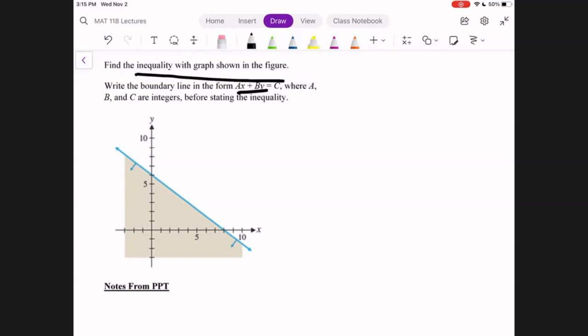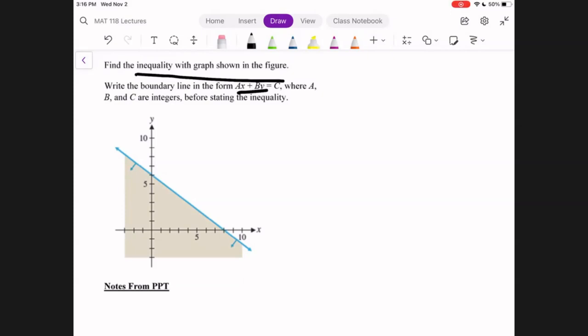So you could do a few ways here. Typically, in my experience, it's always easier to figure out what the slope is. So for this particular one, you want to get your inequality first, okay?